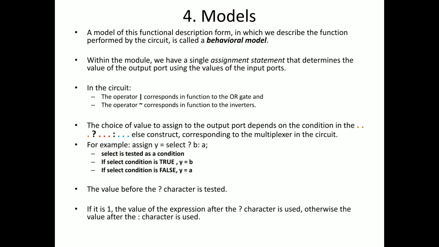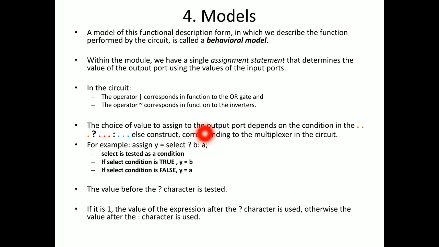For example, assign output equals condition. If select is 1, get the true value; if select is 0, get the false value. The question mark evaluates this select. If select is 1 the output will be B. If select is 0 the output will be A.